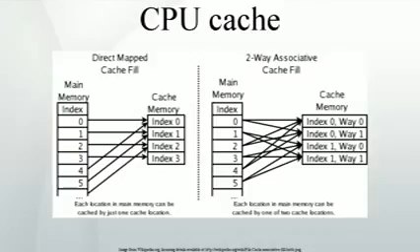Example. The original Pentium 4 processor had a 4-way set associative L1 data cache of 8 kilobytes in size, with 64-byte cache blocks. Hence, there are 8 kilobytes / 64 equals 128 cache blocks. The number of sets is equal to the number of cache blocks divided by the number of ways of associativity, which leads to 128 / 4 equals 32 sets, and hence 2^5 equals 32 different indices.